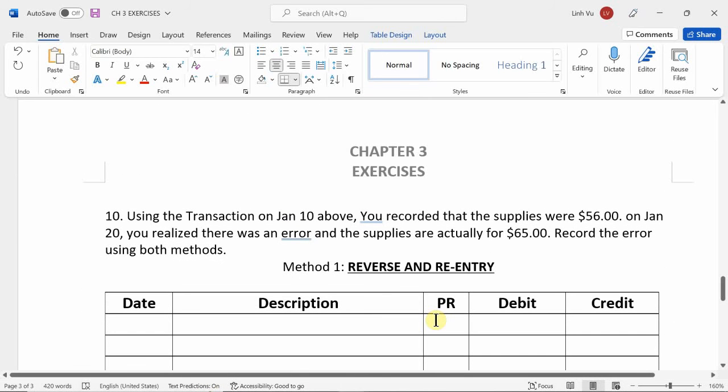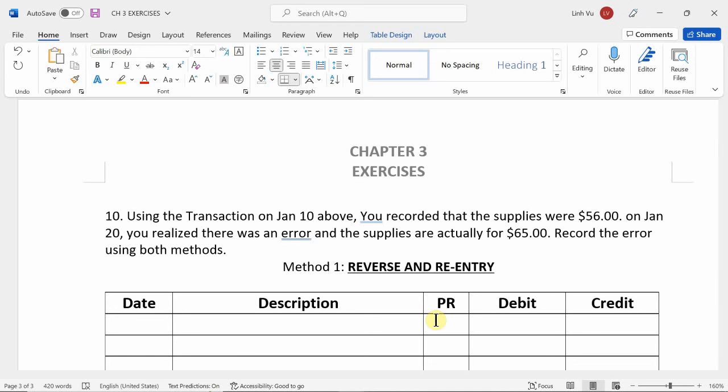So, number 10, using the transaction on January 10 from above, you recorded that the supplies were $56, but then on January 20th, you realized that that was an error, and that when you bought the supplies, they were actually for $65.